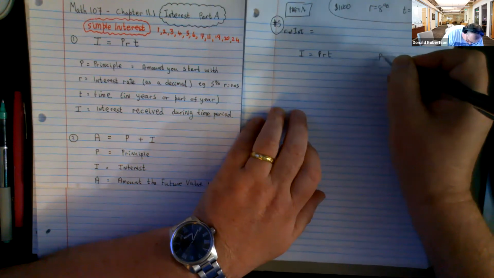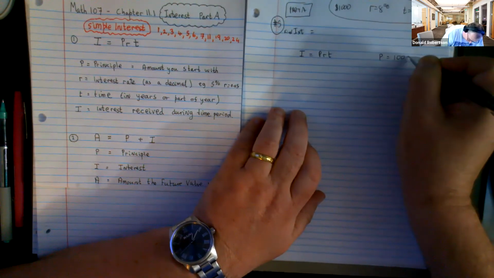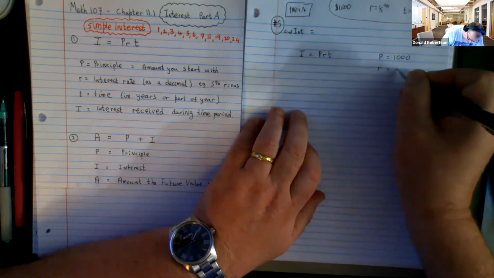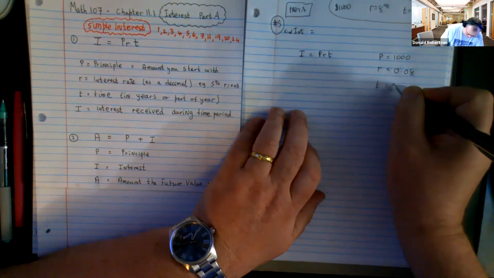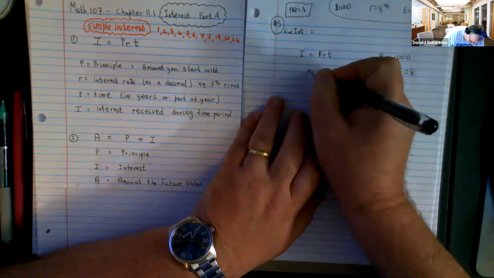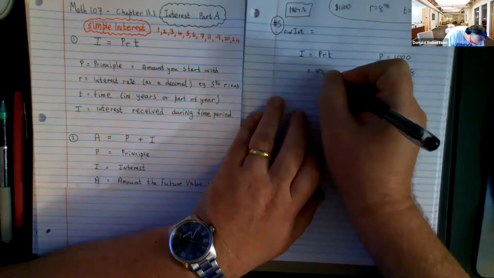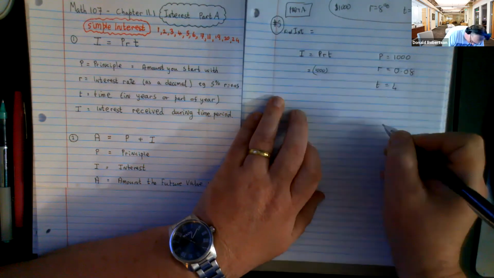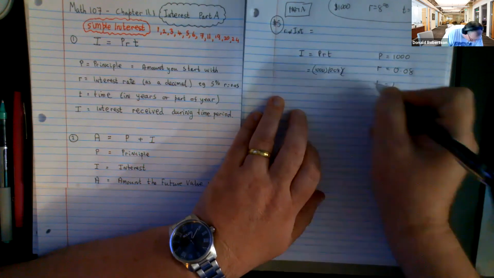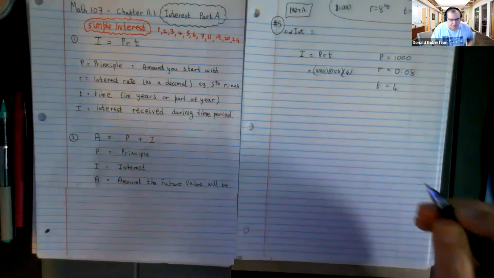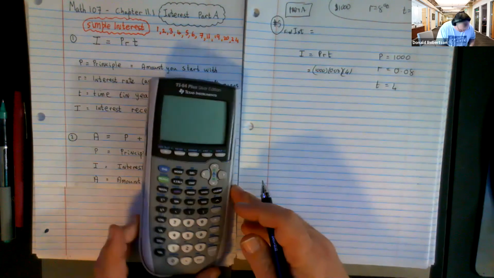P, the amount of money you start with, is $1,000. R is the interest rate written as a decimal. And T is 4. So it's simply just going to be 1,000 times 0.08 times 4. And we got a calculator for that.